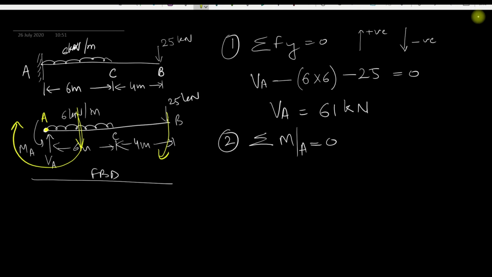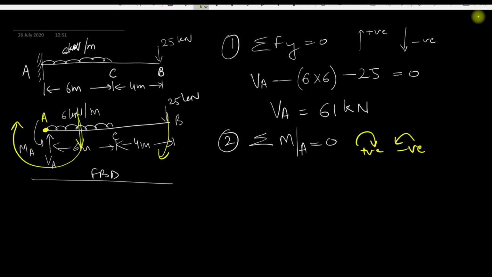So let us take the clockwise moments as positive and anti-clockwise moments as negative. So using this sign convention, we can write our equation of equilibrium.